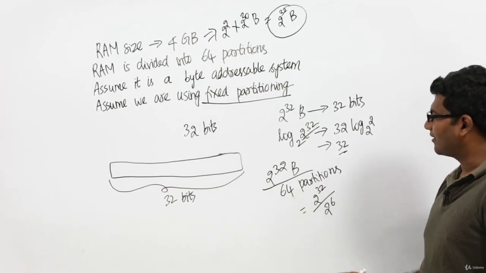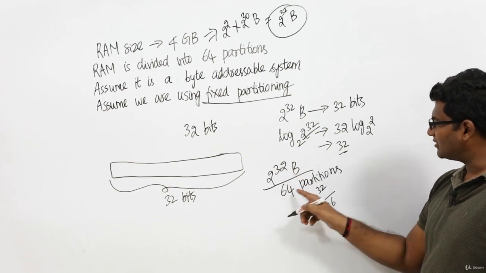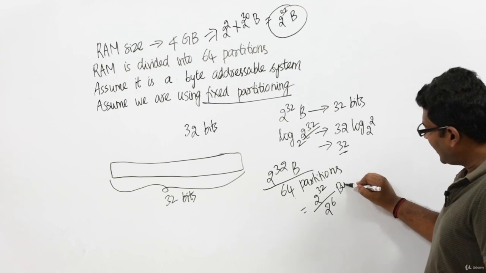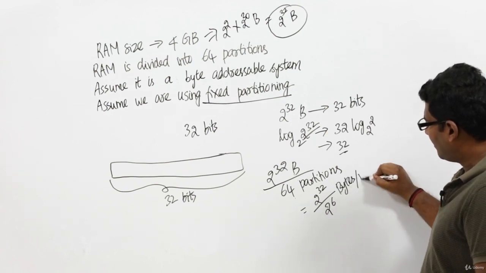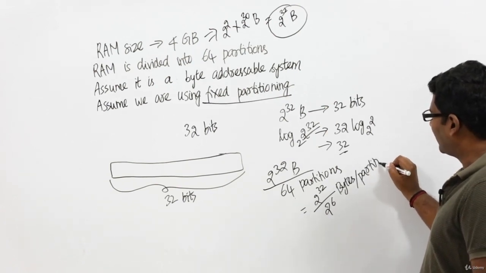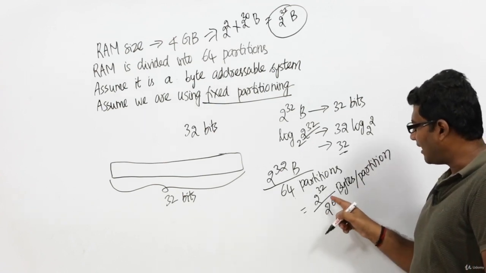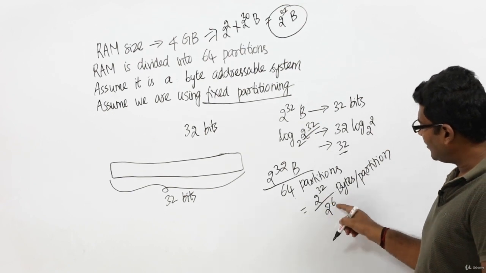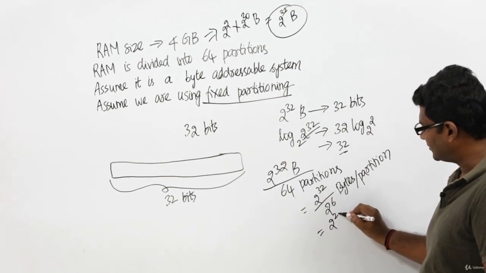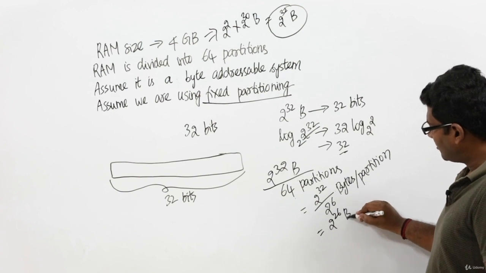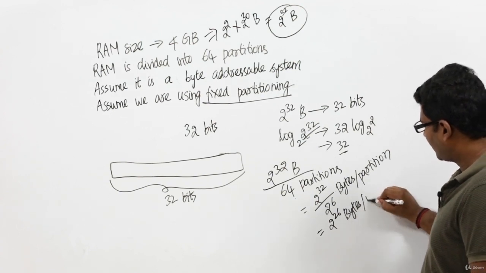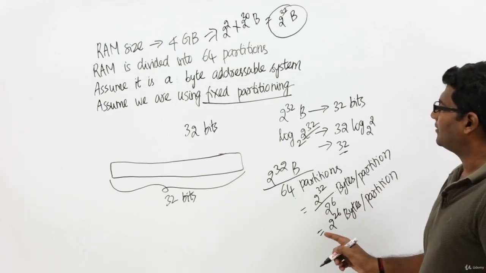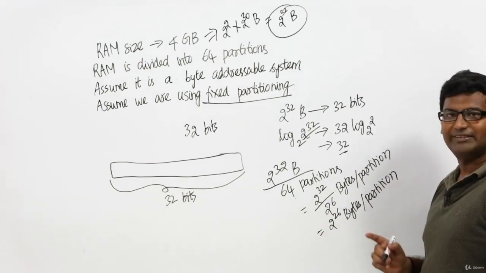And what is the unit here? For this it is bytes, for this it is partitions, so the unit is bytes per partition. What does it mean? For a single partition, I will have these many bytes. So 2 power 32 divided by 2 power 6 is nothing but 2 power 26. So 2 power 26 bytes per partition. Every partition will have exactly 2 power 26 bytes.